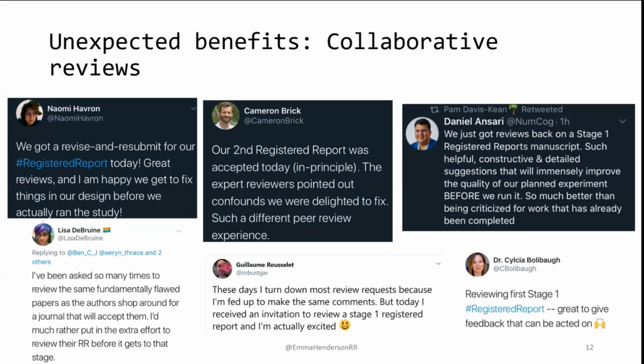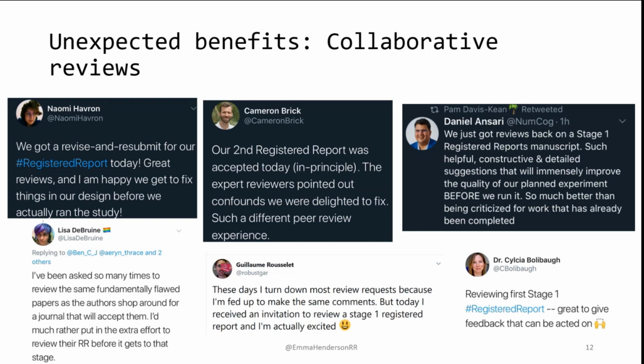So the next thing was collaborative reviews. It's not just the timing of reviews that they happen before the study is run, but it's also the nature of the reviews as well. So in the top row here, these are all tweets from people who've written registered reports, and then the bottom row are all from reviewers of registered reports.